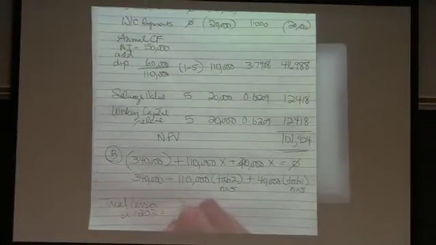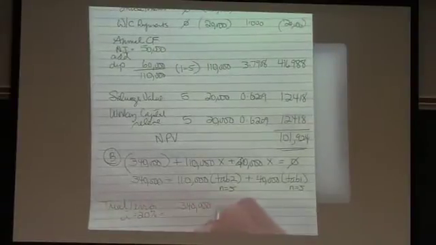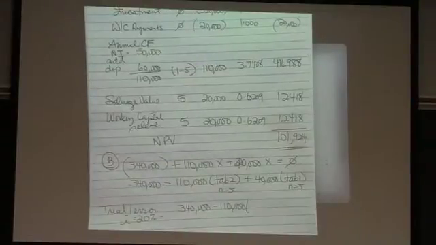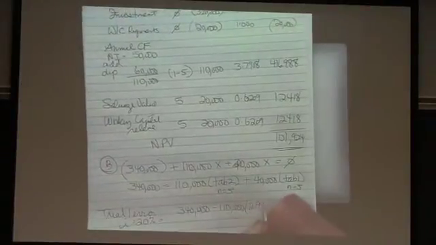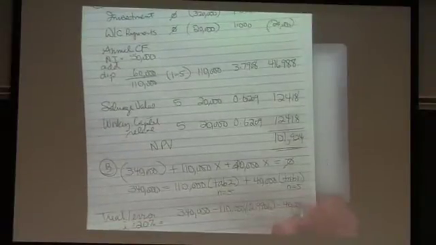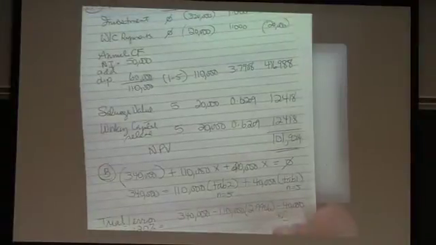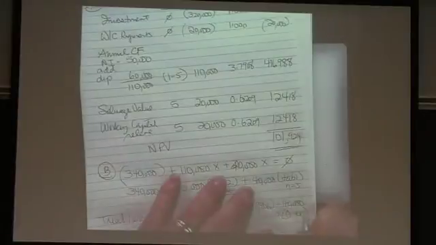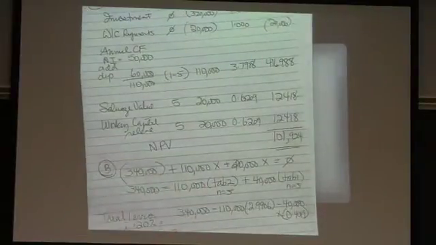They're going to take 340 minus 110 times table 2 at 20%, I equals 5 is 2.9906, minus 40,000 times table 1, n equals 5, I equals 20. We're going to use 0.4019. So let's calculate that.